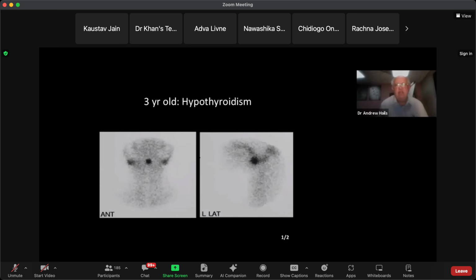Yes, that's right. So we've got an anterior view, the thyroid should be down here, there's nothing there. There's a little focus here, and on the lateral view you can just about make out the soft tissue outlines. This is probably at the back of the tongue, lingual thyroid. And the patients are often hypothyroid because there's just not enough thyroid tissue in there to give them a normal thyroid function.